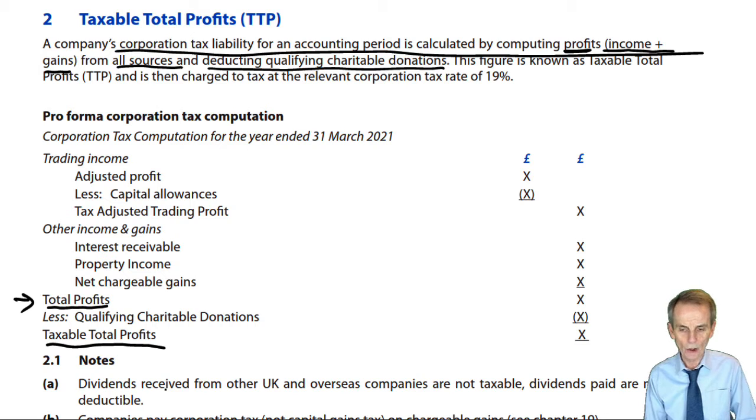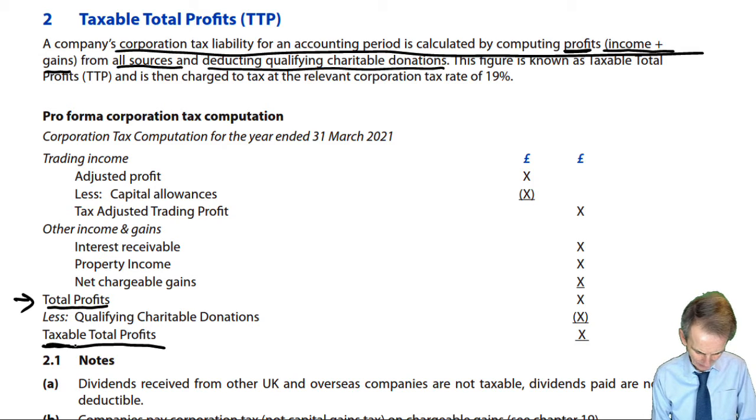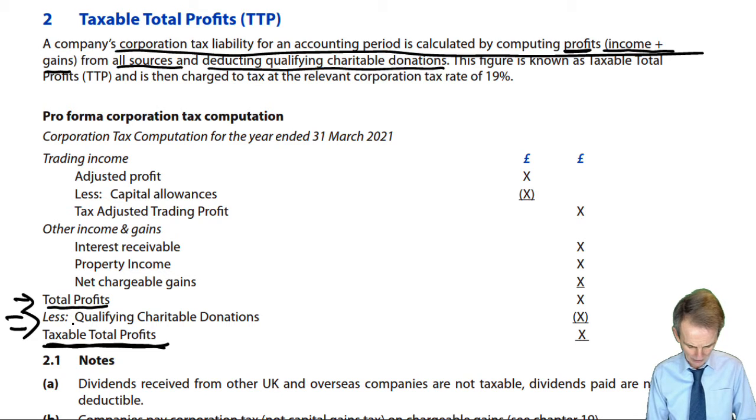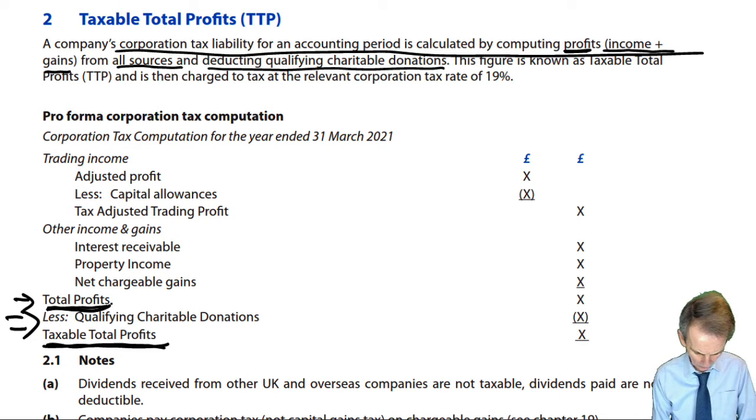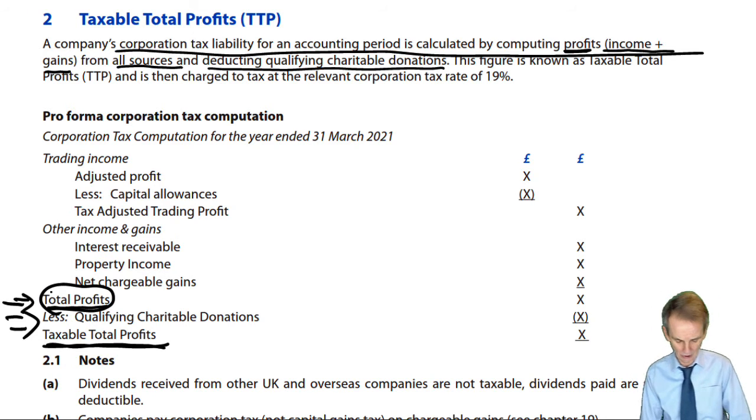But again, watch for wordings, very specifically in terms of Section A objective testing questions. Taxable total profits will be the figure after deducting qualifying charitable donations. Total profits is the figure before deducting those donations.